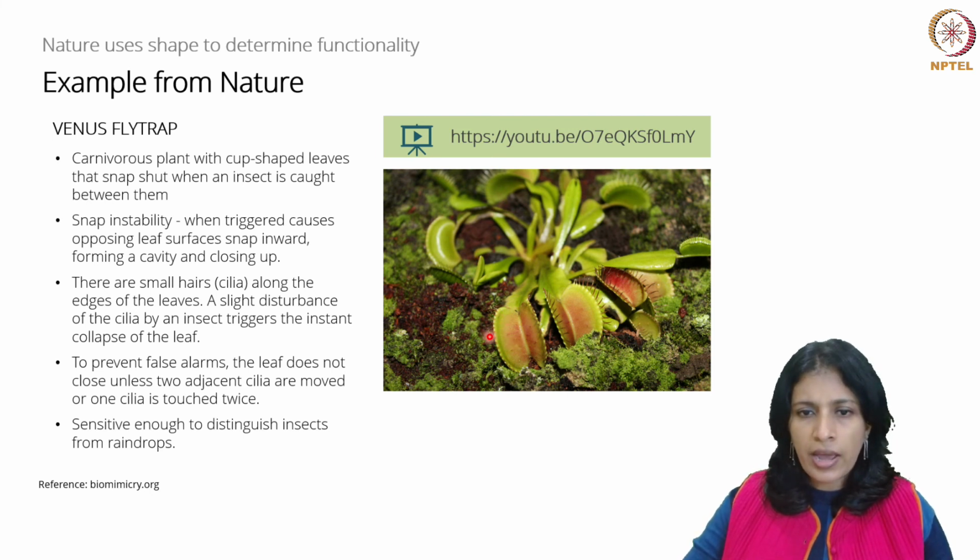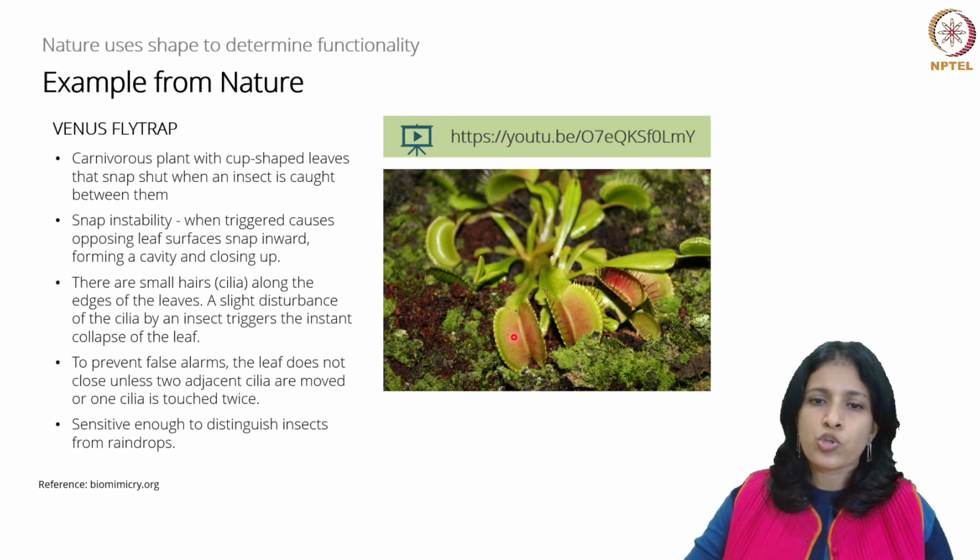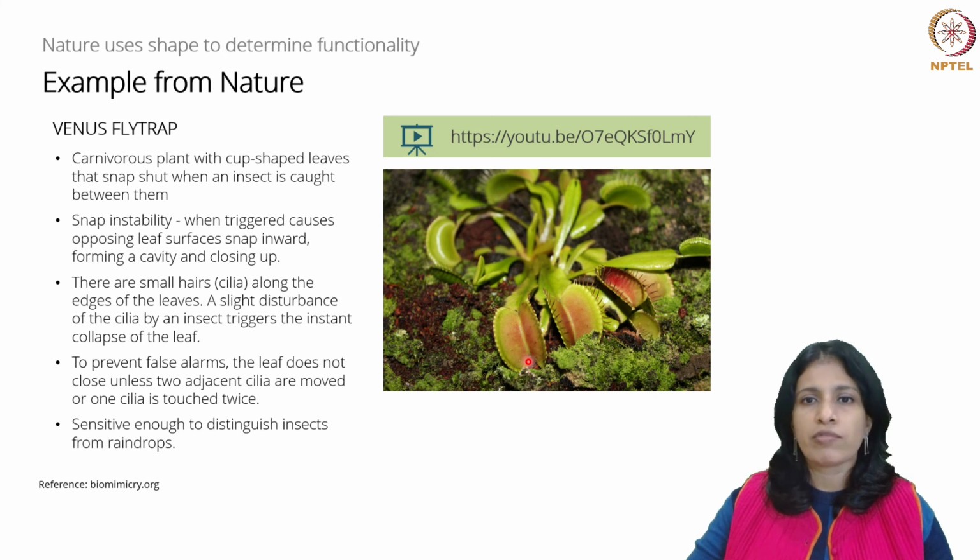And these little hairs that you see along the sides of the leaf are sensitive to pressure. So when an insect comes and disturbs it, it waits to see whether it's actually an insect or something else. And based on that, it snaps shut and captures the insect within the cavity.